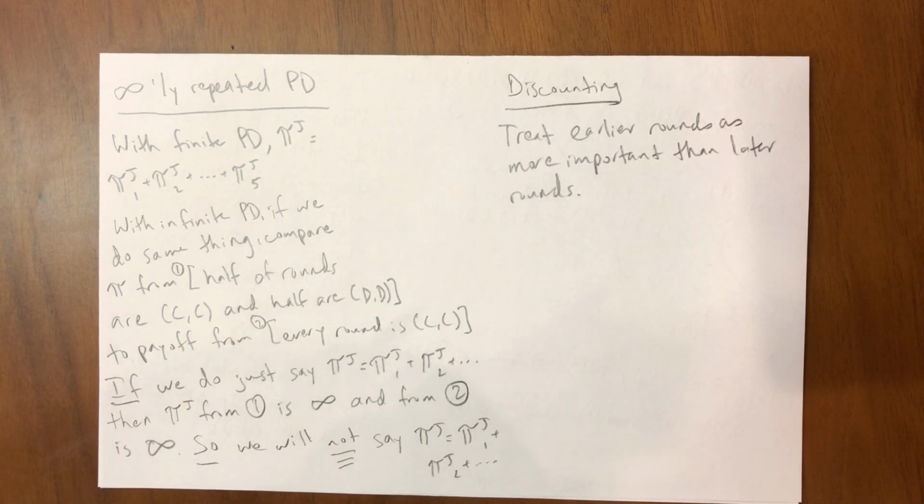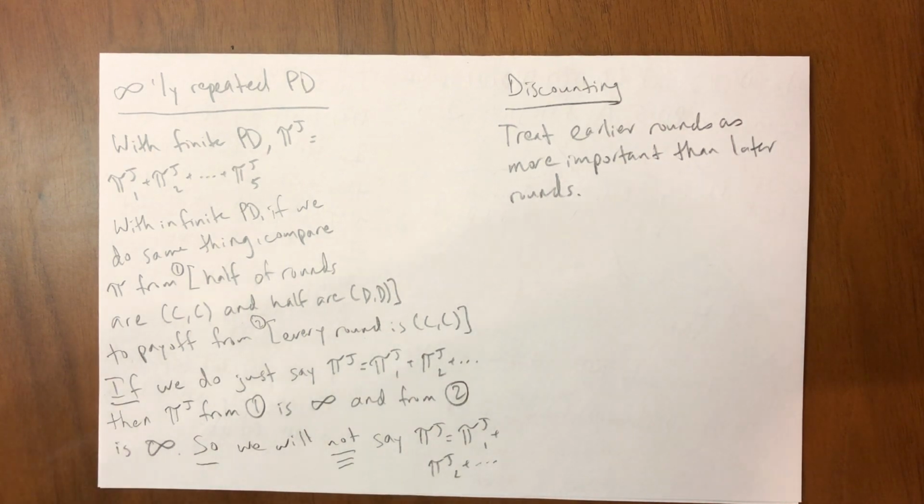Now, there are a couple of reasons for that. The first justification is just pragmatic. It's going to get us out of this problem of infinite payoffs. There's also some economic logic to it. If you asked a person or a firm, would you rather get $1,000 today or $1,000 in 5 years, everybody wants the money right now.